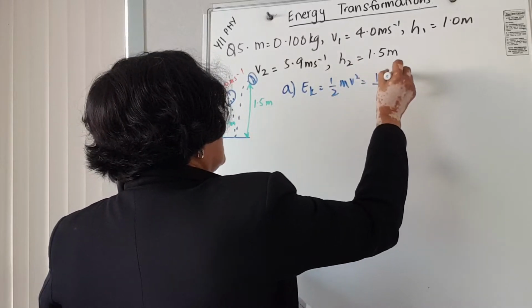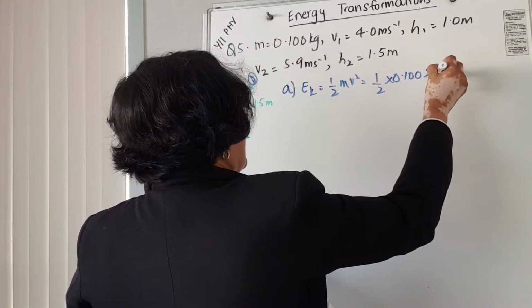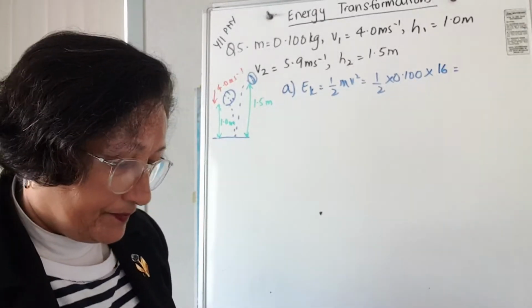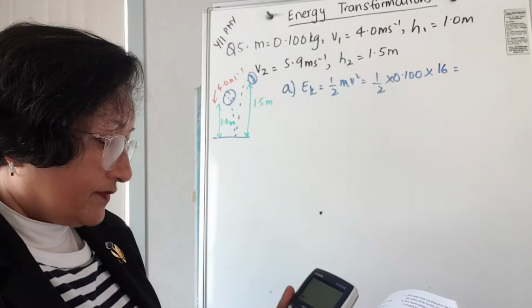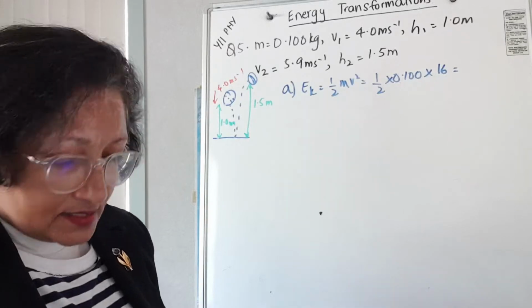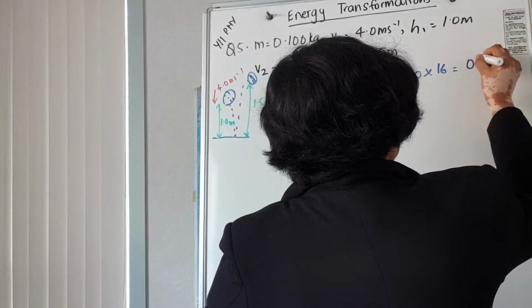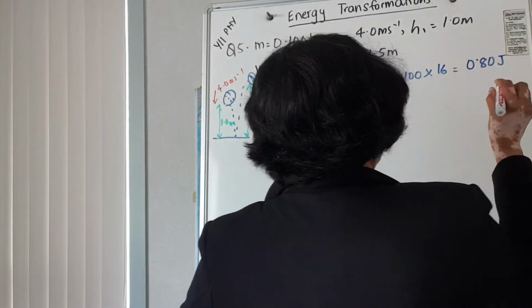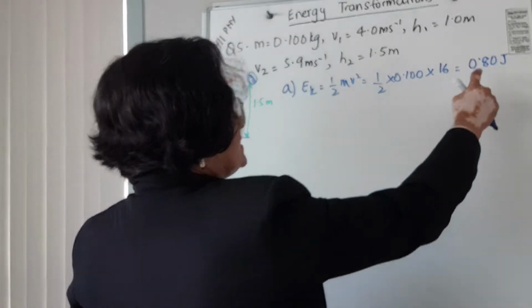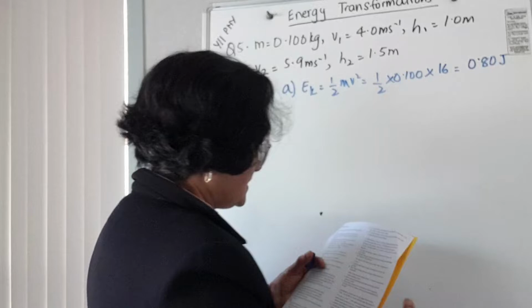So that's half times 0.100, and your v squared, 4 squared is 16. So you go 0.5 times 0.100 times 16. You get 0.8 joules. So this is the initial kinetic energy. Even though your calculator says 0.8, it's better to write it as 0.80 because everything is to two significant figures.